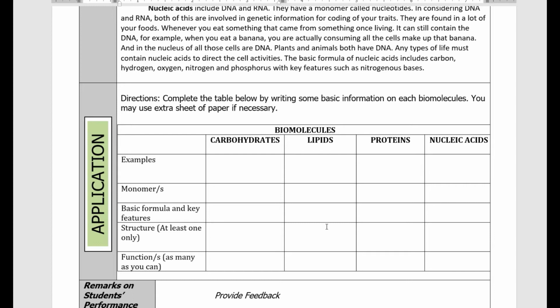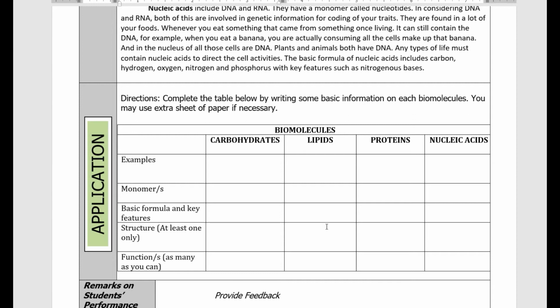The basic formula and key features. What is the basic formula for these biomolecules? Now, these 4 biomolecules share the same elements or the same formula, basically on the presence of some elements like carbon, hydrogen, and oxygen. So they are the same.